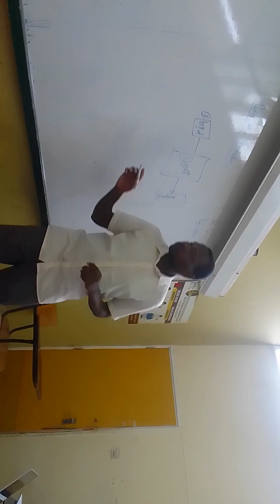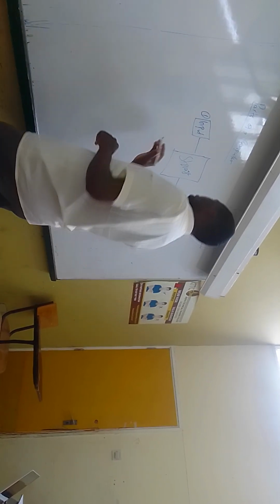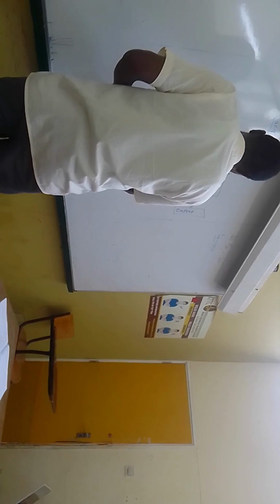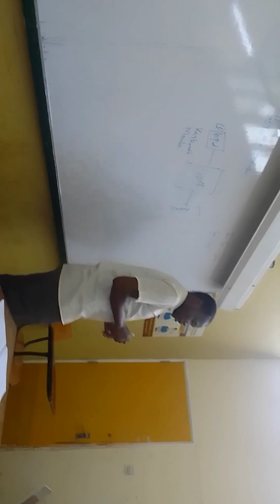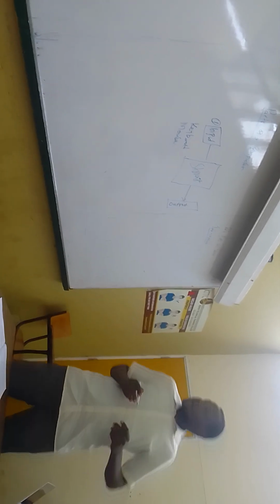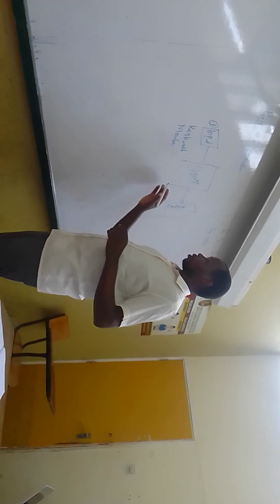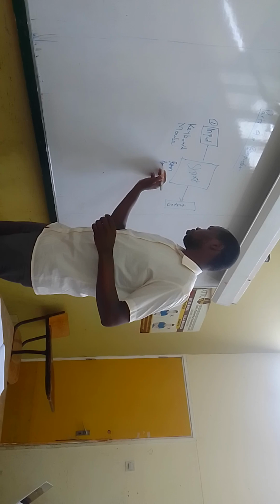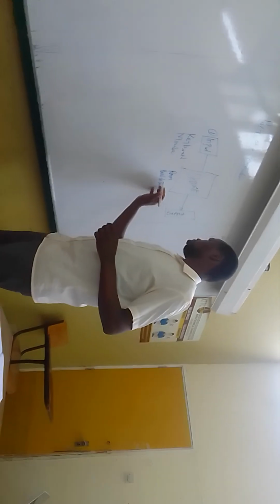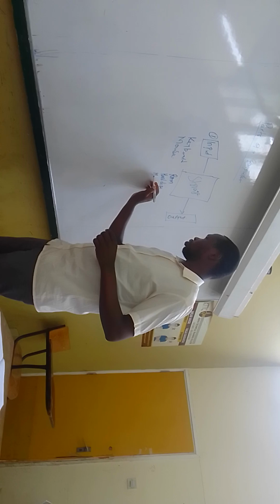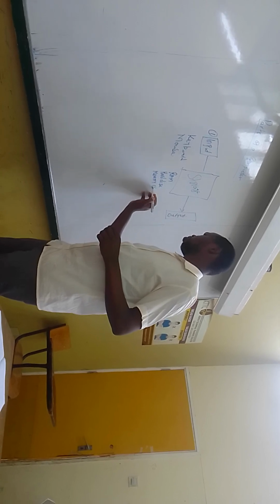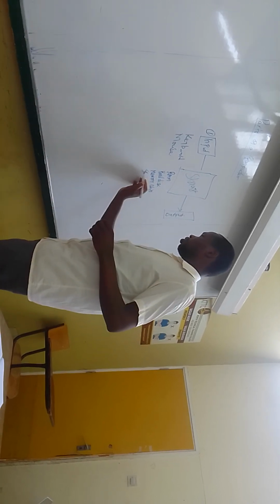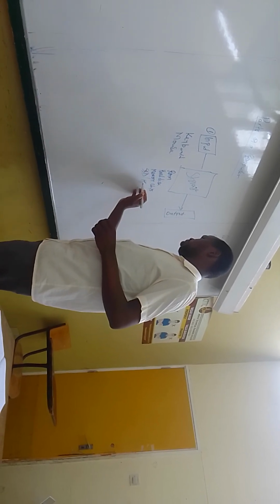Under input, we have keyboard and mouse. Under storage, we have RAM, hard disk, memory chips, and many more, even SSD and HDD.